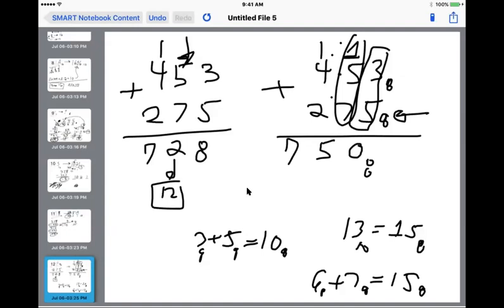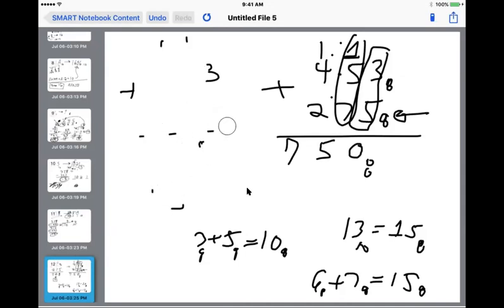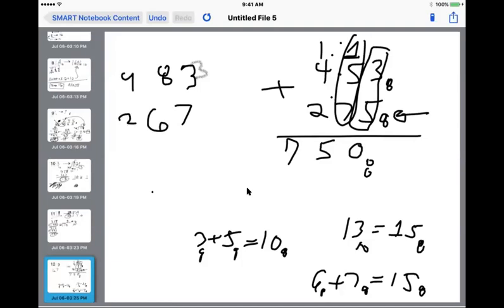So if you think about why, maybe I should compare this to 378 plus 642 in base 10. 3 plus 7 is 10, but we can't write a 10 in this place, so we put a 0 and we carry the 1.